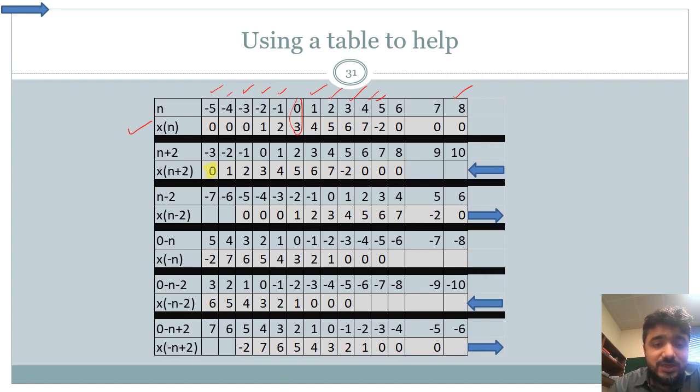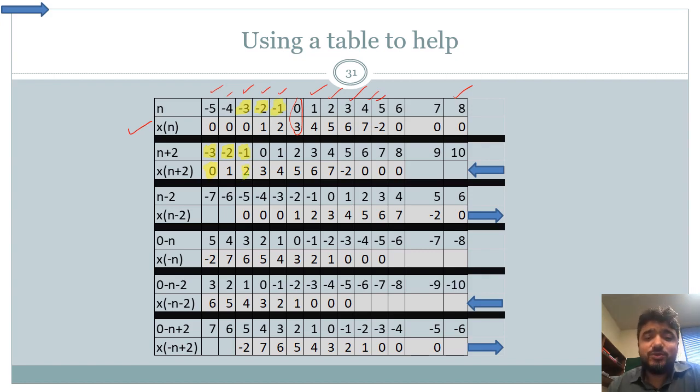I'll just bring the value from this position in the original signal, so I'll bring it from minus 3. This 0 comes here, and then here I need the value from minus 2, which is 1, and here I need the value from minus 1, which is 2, and so on and so forth.